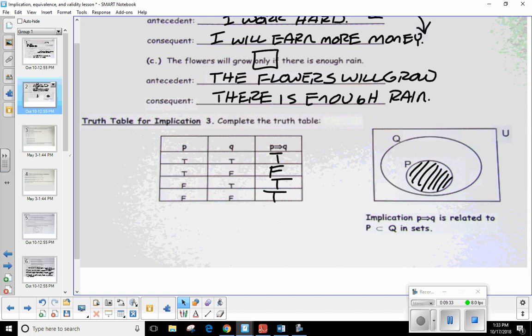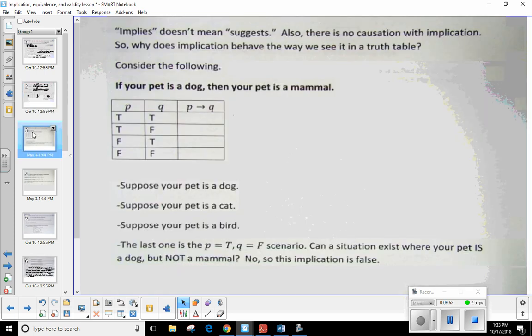Okay, so here's the thing about the behavior. A lot of people, even when I went through this, just said, go ahead and just memorize what the behavior is. But I'm not really a big fan of that because I want to know why the behavior is going to be that way. So your second page here sets up a scenario that helps us understand why this is.